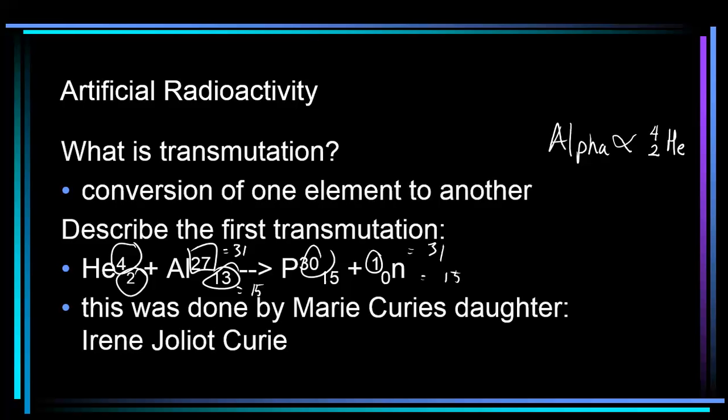Is it a helium nuclei? No, but in essence it's the same thing as a helium nuclei. Helium nuclei have 2 protons and 2 neutrons. Alpha is 2 protons and 2 neutrons. Beta, symbolized by a B with a little curly thing here, is 0, -1 electron.